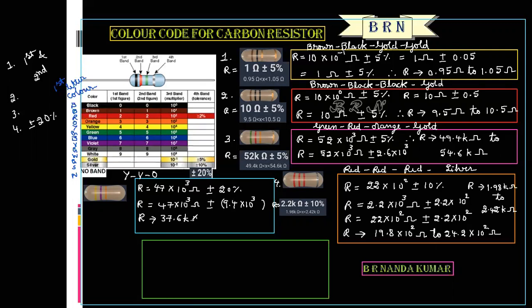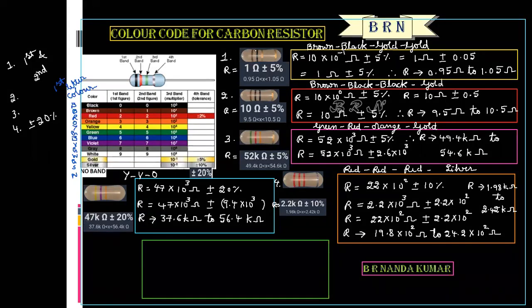37.6 kilo ohm to 47 plus 9.4, that is 56.4 kilo ohm. So this is the resistance range of this carbon composition resistor.